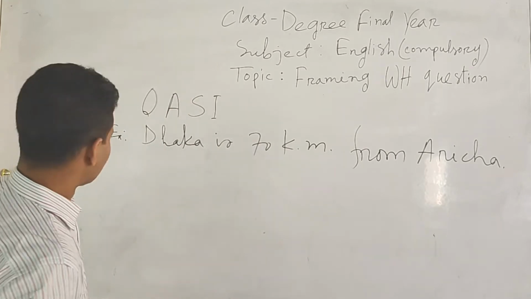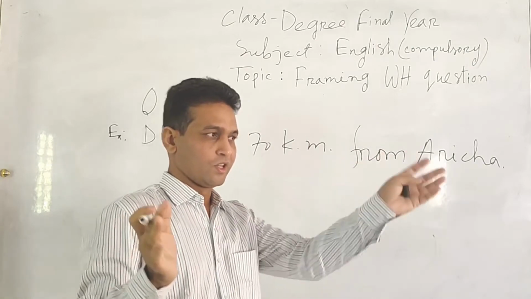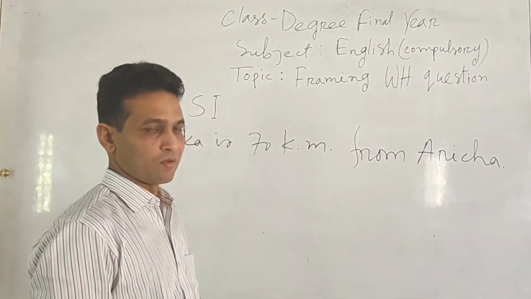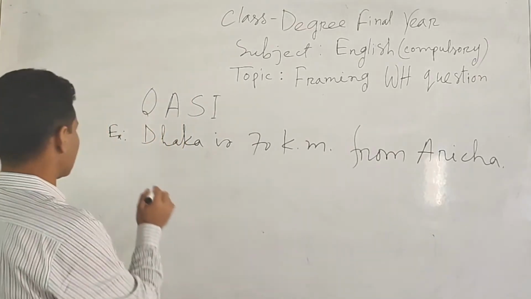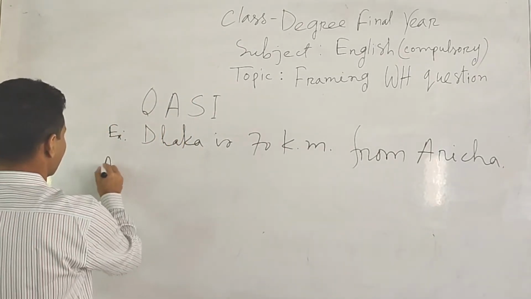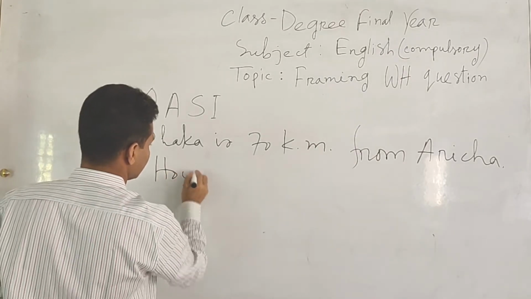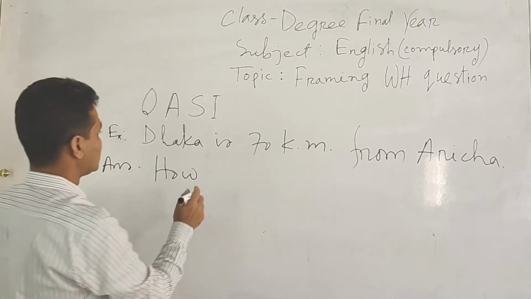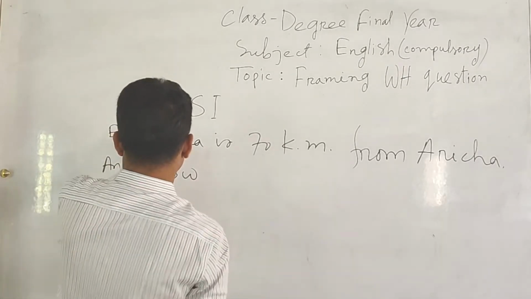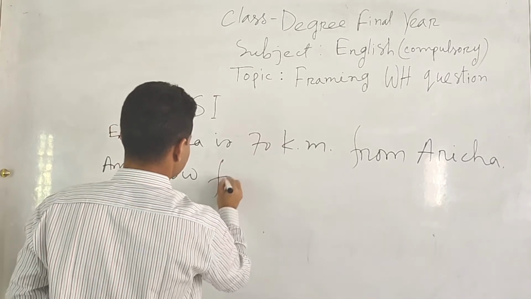Here, when we indicate a distance at the time of making WH question, we use how far. Answer here. How, WH question, WH word, this question word, how. Next, auxiliary. To indicate a distance we use how far.